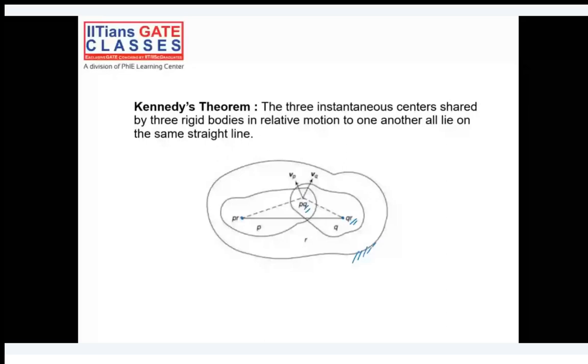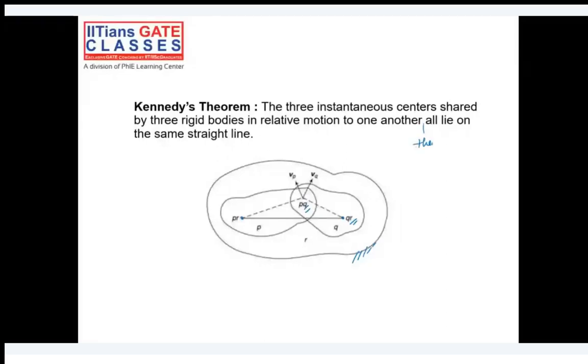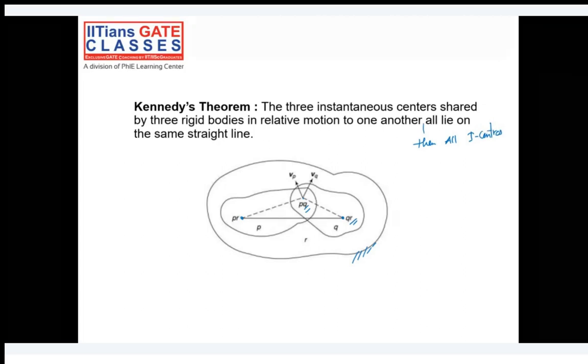Then all I centers lie on the straight line itself. Okay, so the meaning of that is the PQ has to be on the line joining PR and QR.